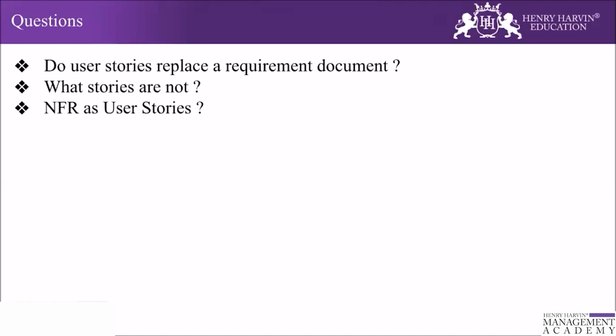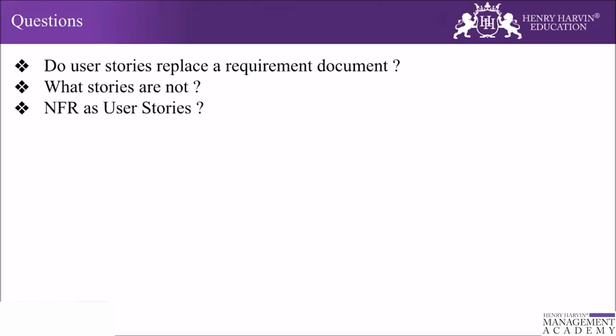So the next question is NFR as user stories. NFR stands for non-functional requirement, and Mike Cohn very beautifully explained that a non-functional requirement and a constraint are one and the same thing, because in Scrum there is no other way to describe the constraint.